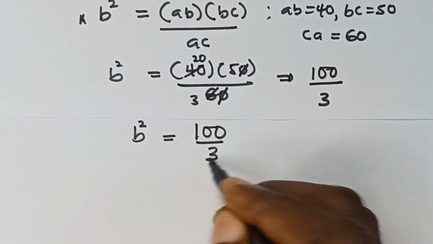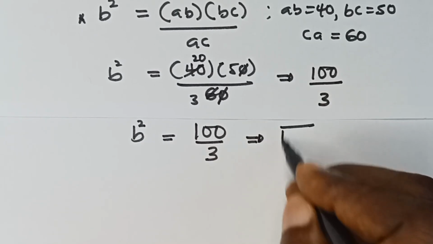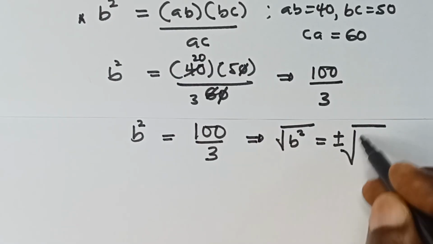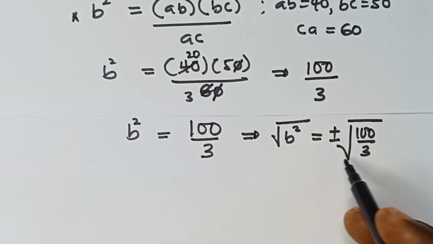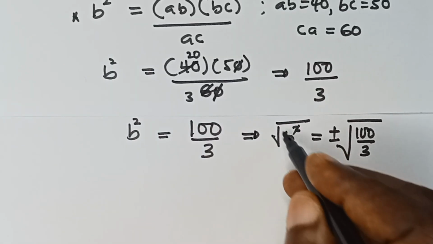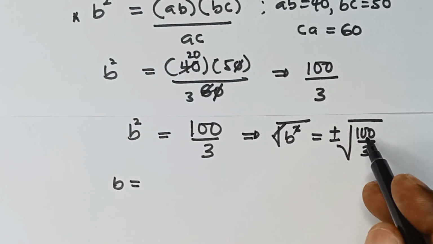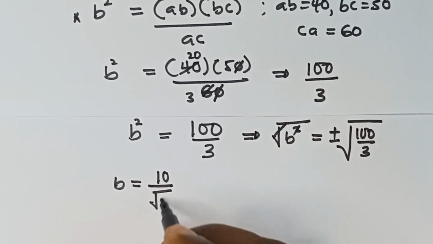And what do we do? We take the square root of both sides. So we have the square root of B square, which is plus or minus the square root of 100 over 3. Taking the positive solution, the square cancels the square root. So B equals the square root of 100, which is 10, over the square root of 3.